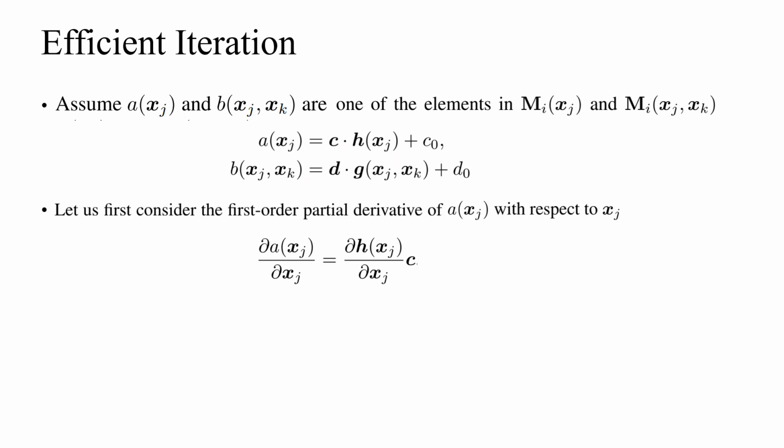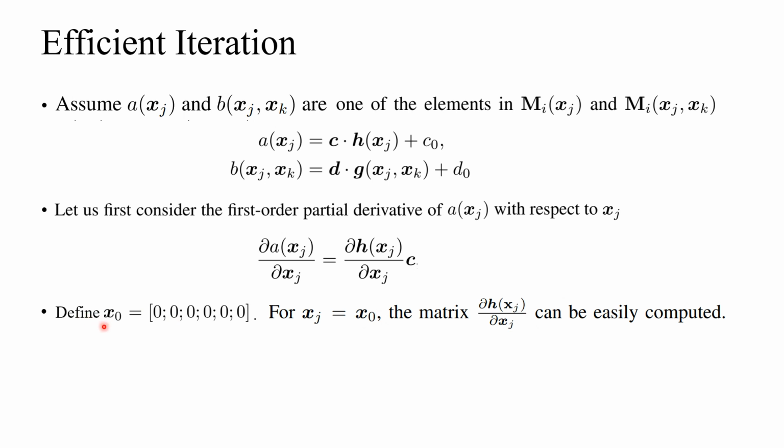Let us first consider the first-order partial derivative of a(xj). It has the form like this. Let us define x0 for xj equals x0. This matrix can be easily computed. Similarly, the derivatives with respect to xj and xk can be easily computed when xj and xk equal x0.